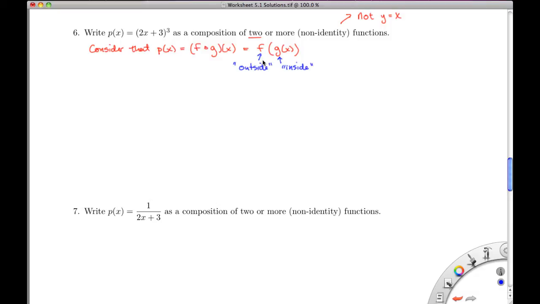If we look at this function p, we've got the quantity 2x plus 3, and we take that function and we cube it. So perhaps one way we could think about it is this.